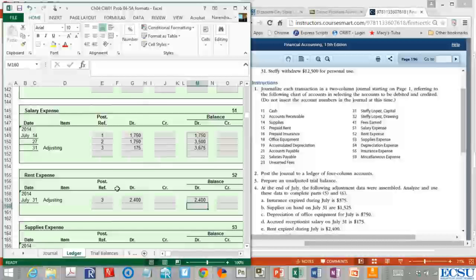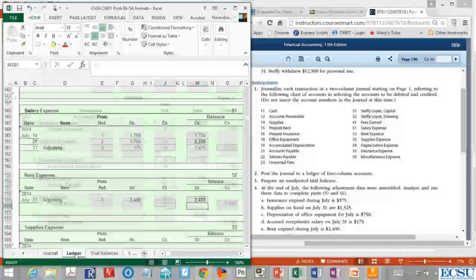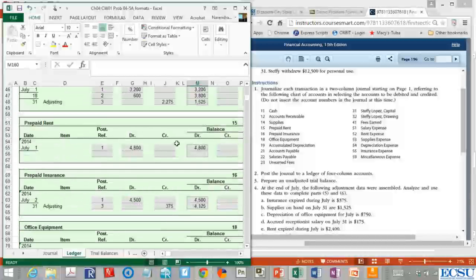Then next, we'll have to post it on prepaid rent, that is 15. So let's find out number 15. Here it is, 15. So July 31st, and write adjusting in the item column, posting reference column number 3, and it was a credit to the prepaid rent, credit of 2400.